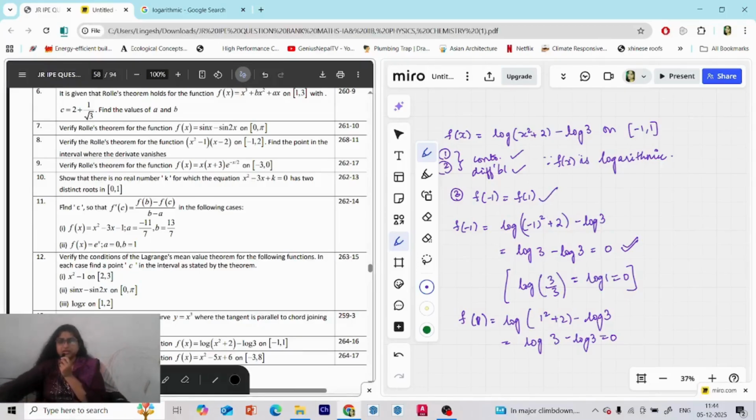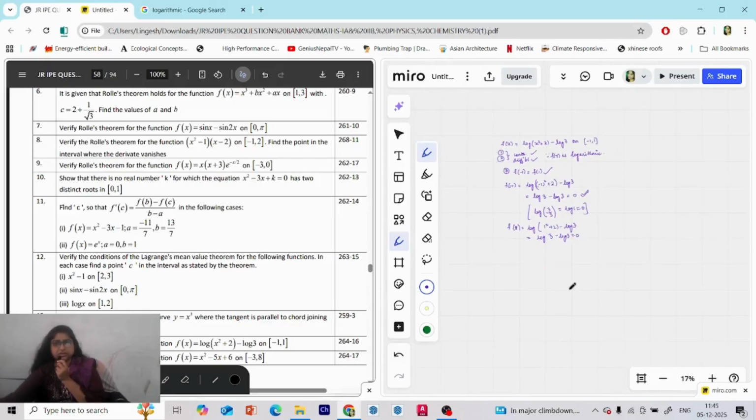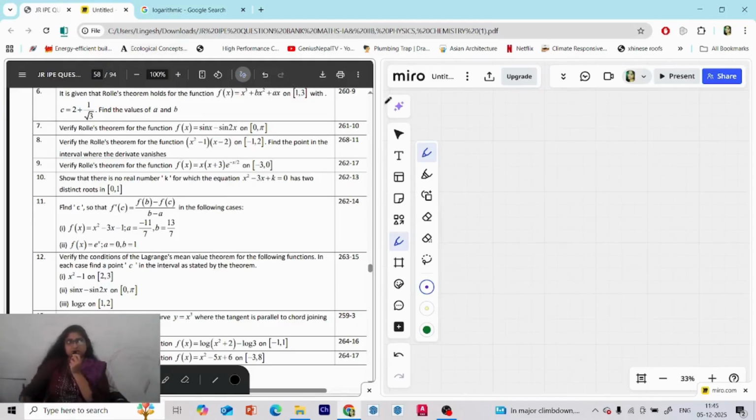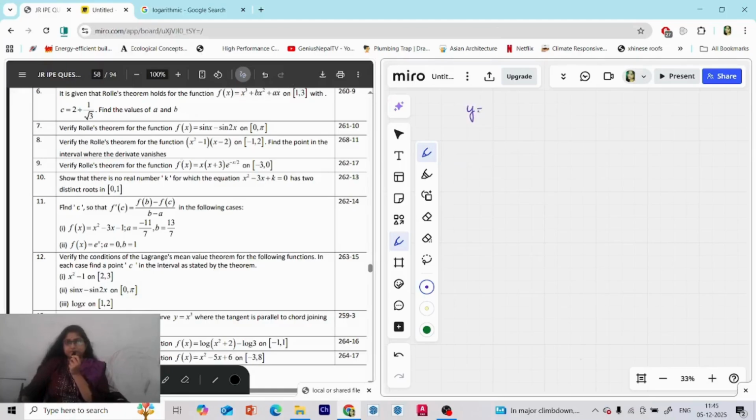Okay, let's see the 13th question. Find a point on the graph y is equal to x cube where the tangent is parallel to the chord joining the points 1 comma 1 and 3 comma 27. So y is equal to x cube, and the chord joining the points 1 comma 1 and 3 comma 27.